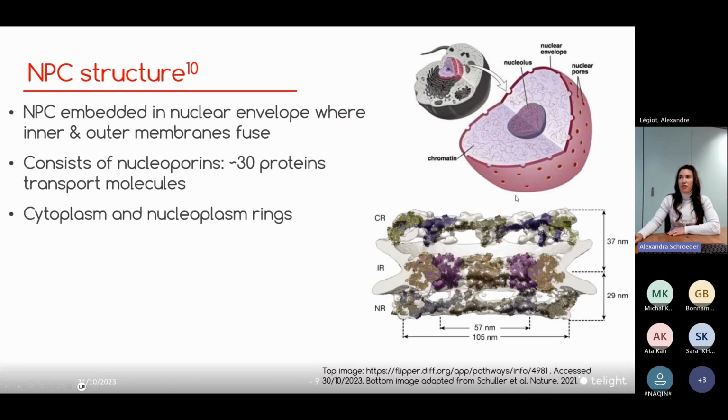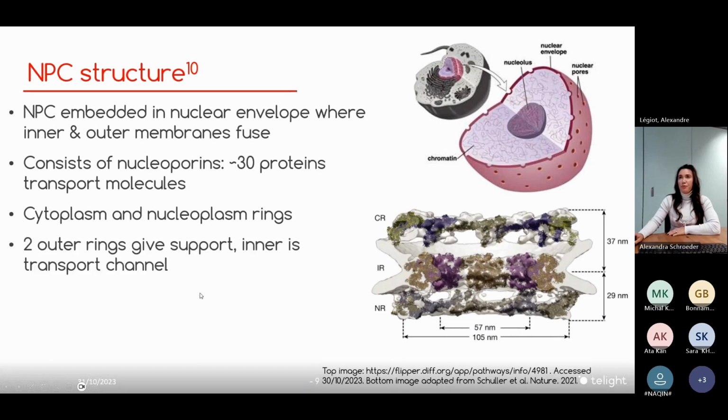It has a couple of different layers, between the cytoplasmic rings and nucleoplasmic rings. The two outer rings give support, while the inner ring serves as the transport channel for molecules. There are about 30 of them, and other proteins play a role as well. They're typically named based on the size of the protein in kilodaltons.